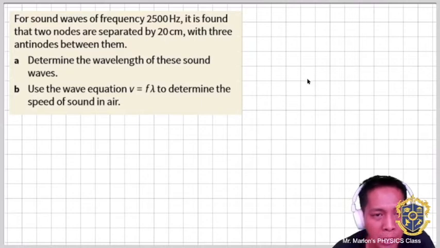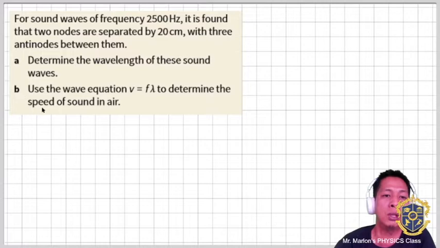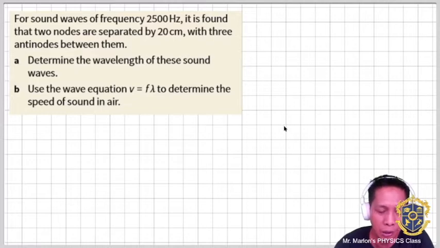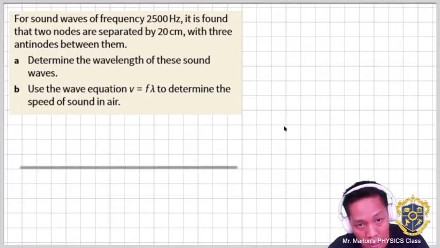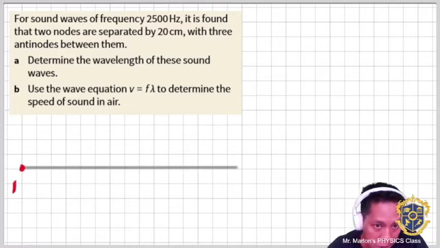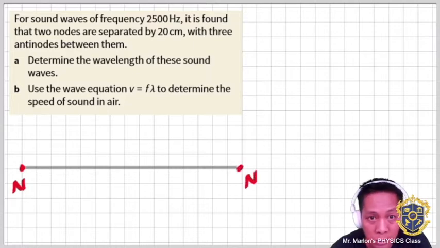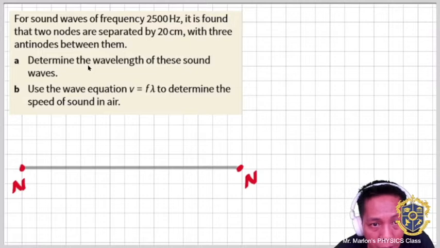Maybe in order for this to be solved easily, you should have some picture in mind of what's going on around here. If you want, we can draw something here, and you can mark these as the 2 nodes being mentioned. And this distance here is 20 centimeters, as explained in the problem. According to the problem, there are 3 antinodes.